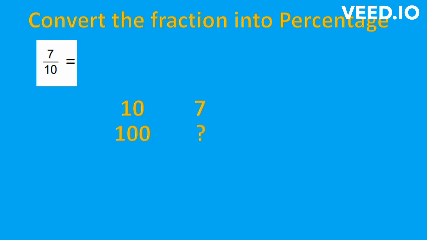That comes to 7 times 100 divided by 10. That's 70. So 7 over 10 is 70%.